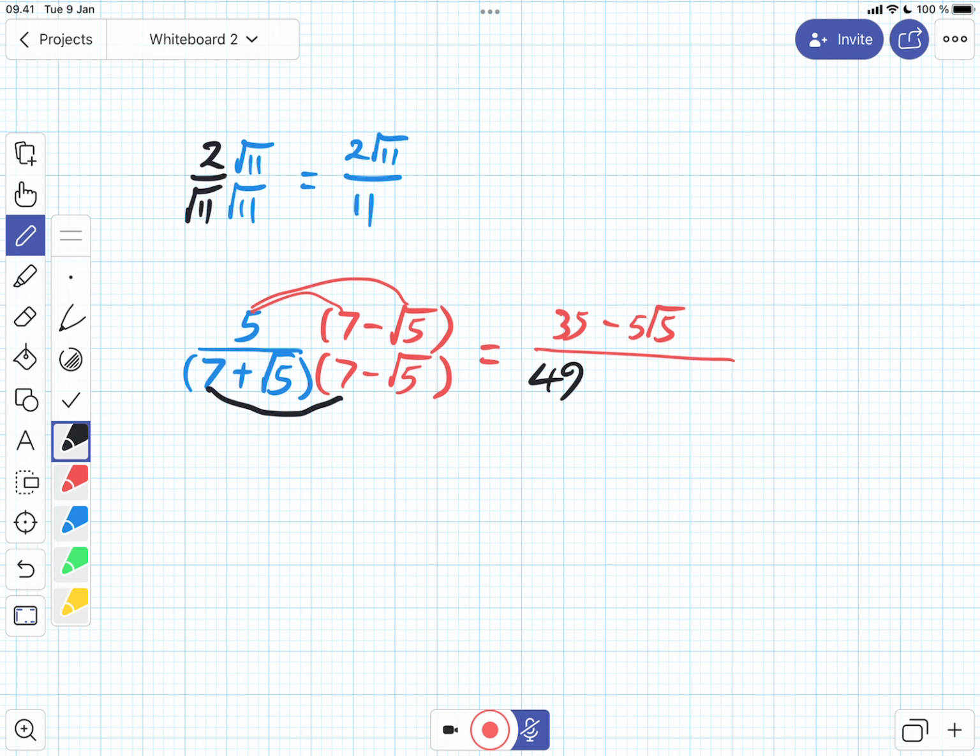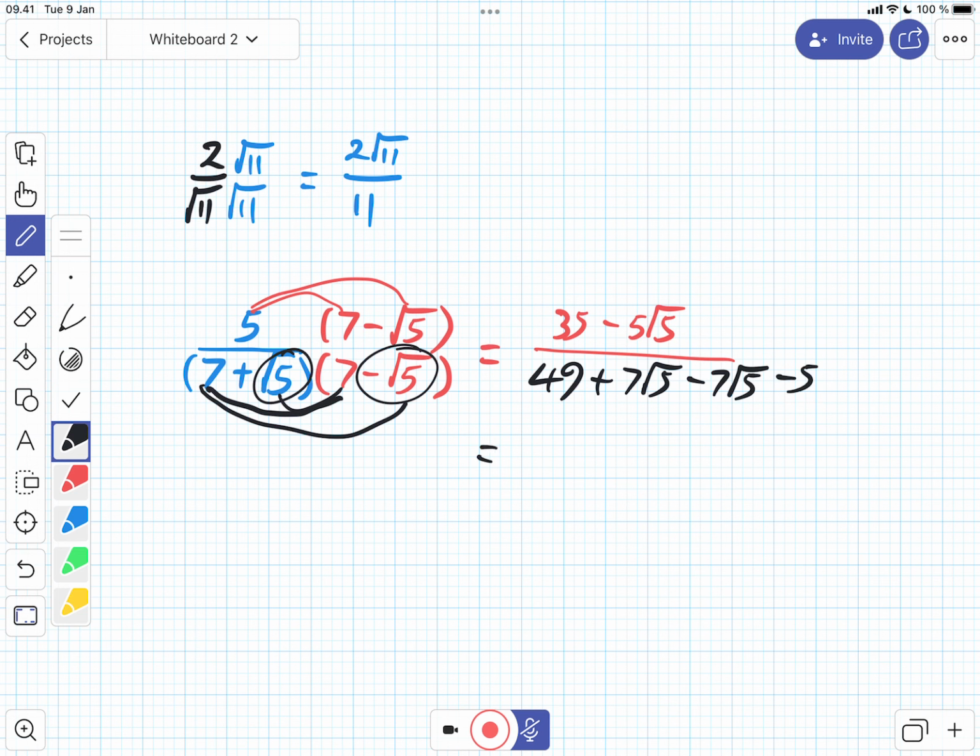And then you've got 5 times the square root of 5... sorry, 7 times the square root of 5, so plus 7 root 5. Then you've got the other 7 times the minus square root of 5 in the other bracket, so minus 7 root 5. And then finally you've got the square root of 5 times minus the square root of 5 gives you minus 5.